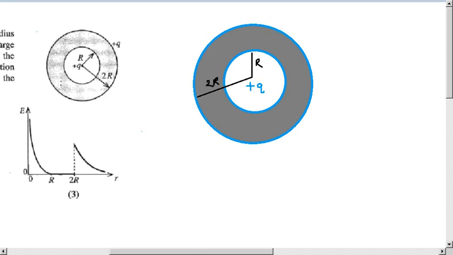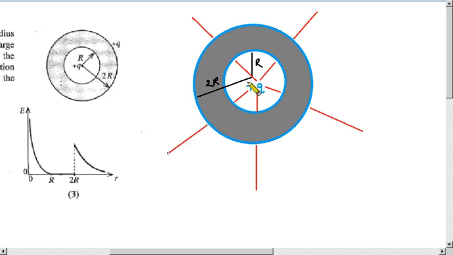So children, you know the force lines from a positive charge go away like this, directed to the outside of the positive charge. That means there are no force lines in the material, because that is a conductor, that is a metal.